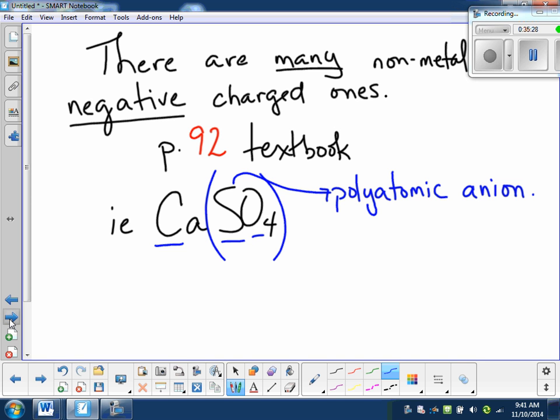Sulfate. Sulfate. So we throw it together. Calcium sulfate. Is calcium a multivalent one? Is it a transition metal? No. It's an alkaline earth metal, right? So it's always +2. So our name calcium sulfate is good. Okay.